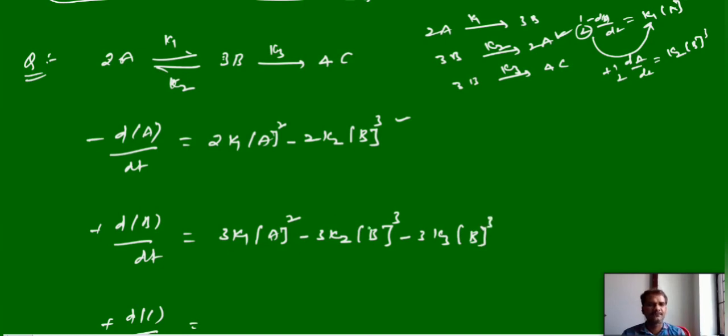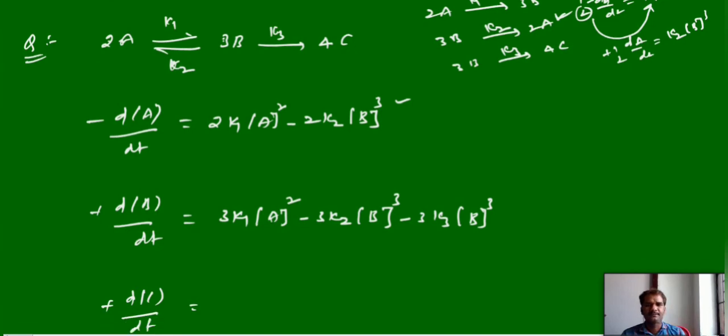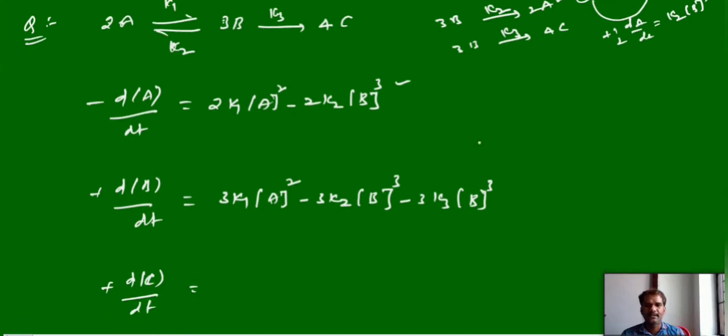So this is the expression with respect to B. Similarly with respect to C, how we can write, C is involved in the last equation only, there is a product side directly K3, but this is 1 by 4, so 4 K3, coefficient is 4 B power 3. So like this you can write the rate expressions with respect to A, B and C.